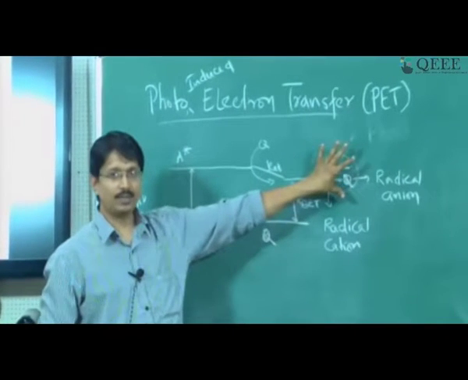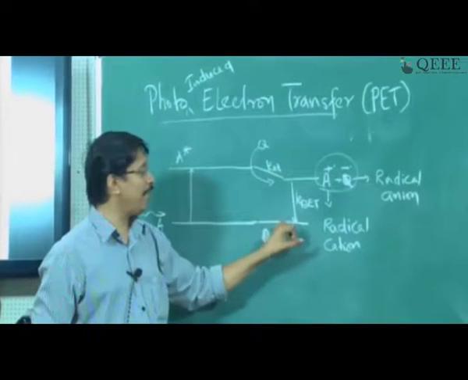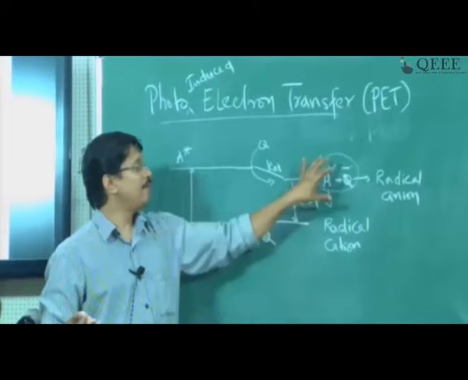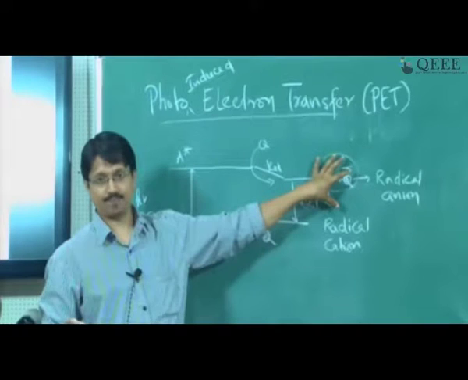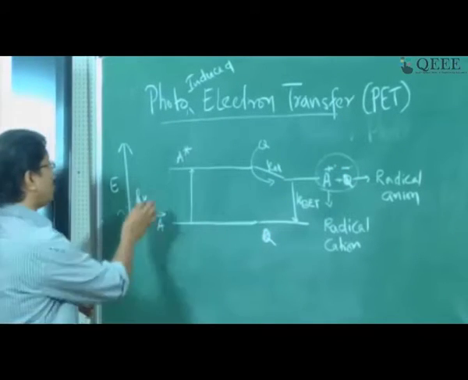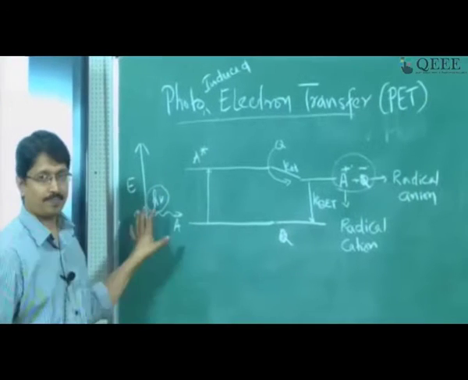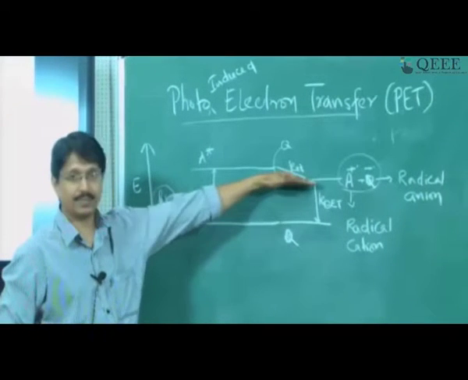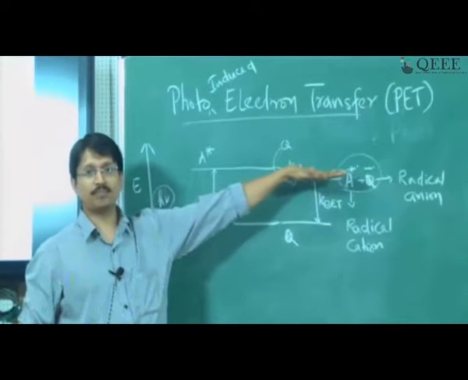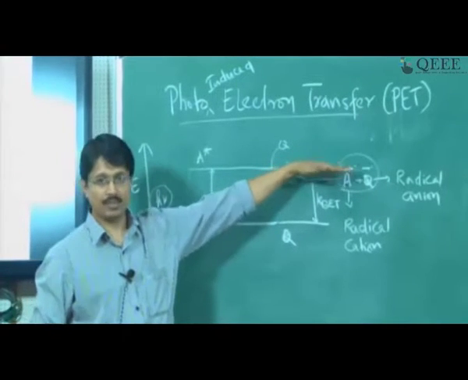Now we do not want them to combine back and produce the initial starting material, which is an energy wasting process. We want to somehow keep them there so that it contains at least a partial amount of the energy of these photons, because still it is in the excited state. So how do we keep this in the excited state? That is one research question.